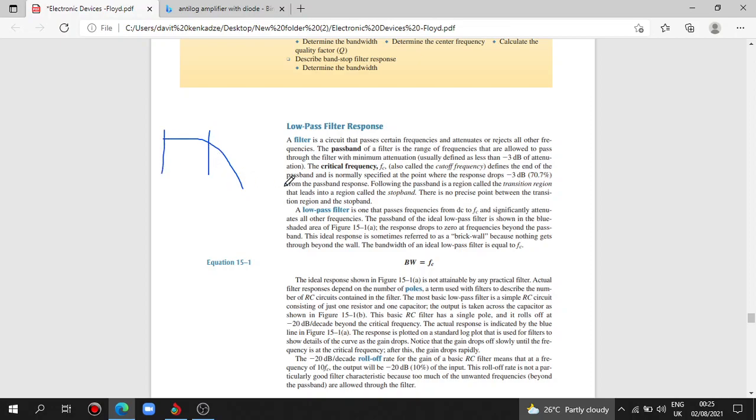This is the passband, and the critical frequency is the frequency where the response drops to 0.707, and this means that the output voltage will be 0.707 of the input. This means we multiply the input by 0.707 to get the output. Also 1 over square root of 2.